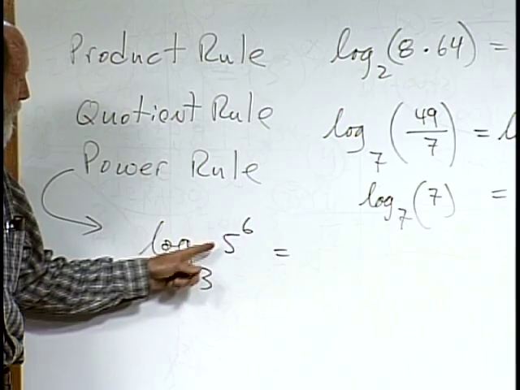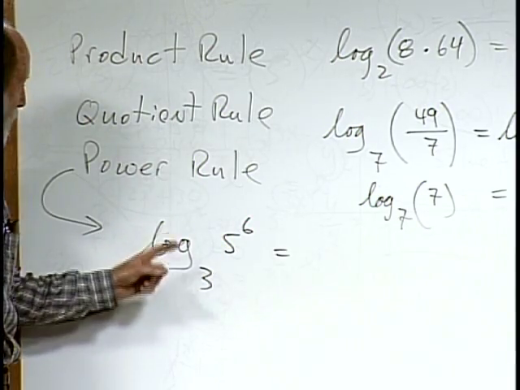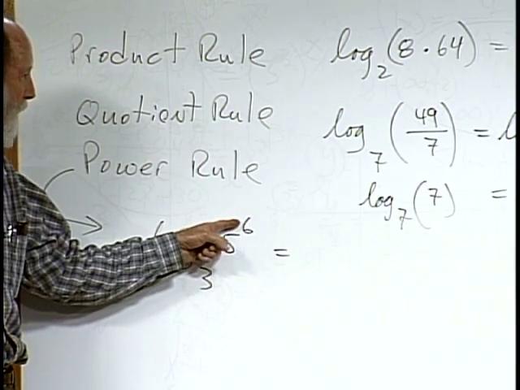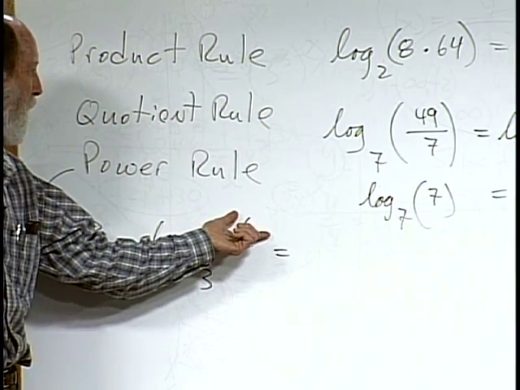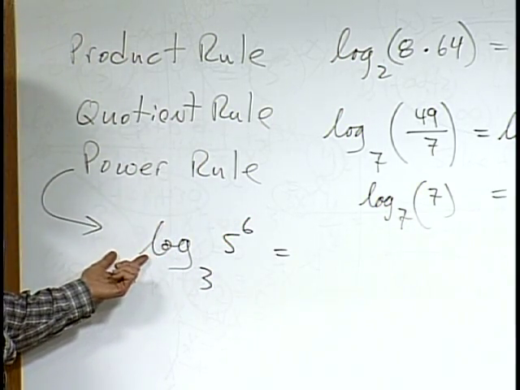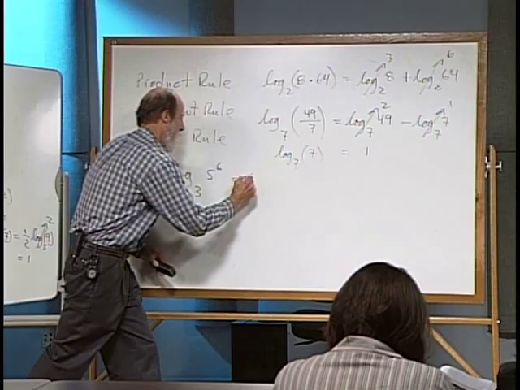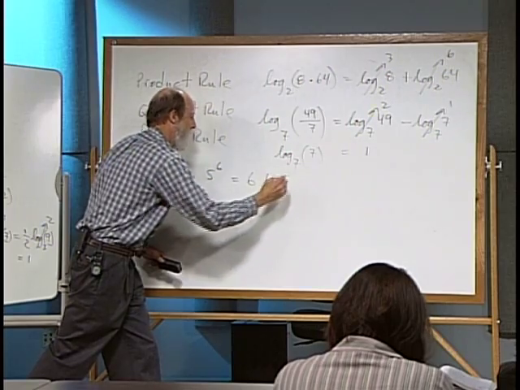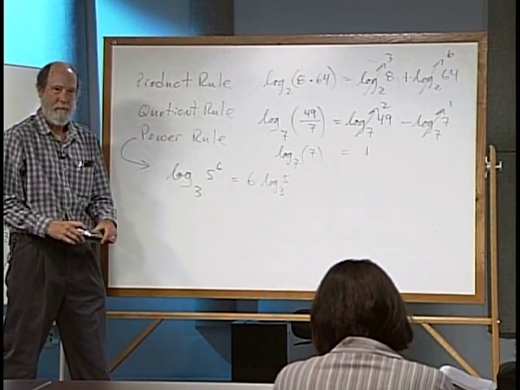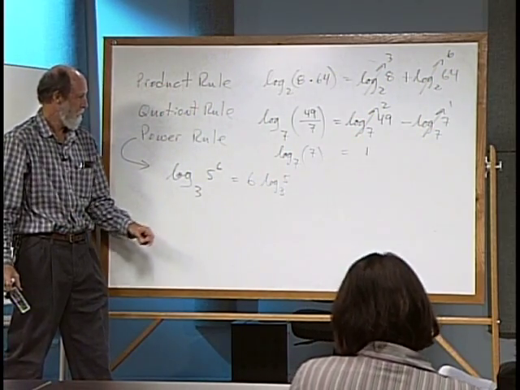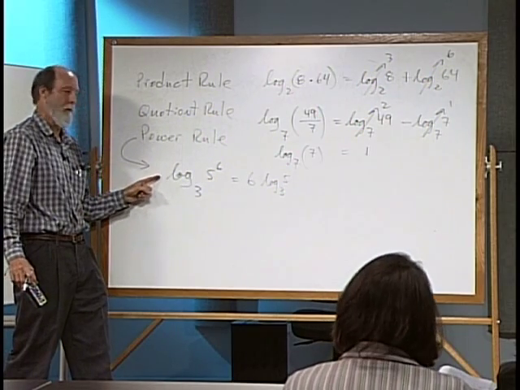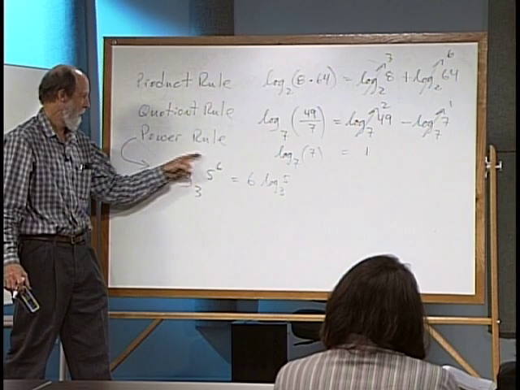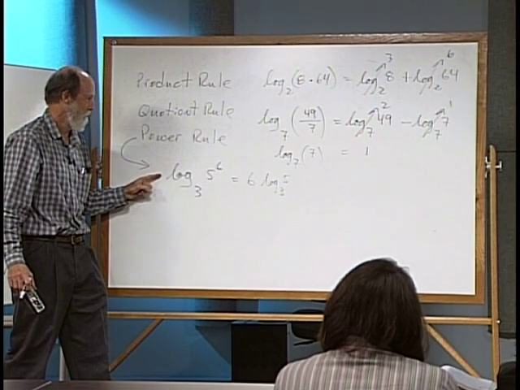Log base 3 of 5 to the 6th. They call it the power rule. If you're taking the logarithm of something that has an exponent, the exponent pops out in front of the logarithm. This is 6 times the log base 3 of 5. The exponent comes out in front of the logarithm.